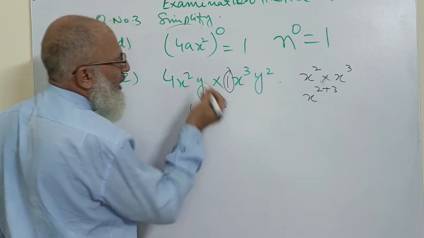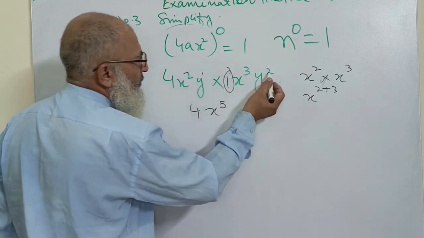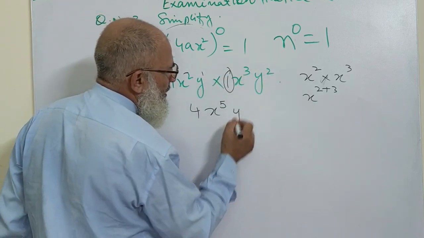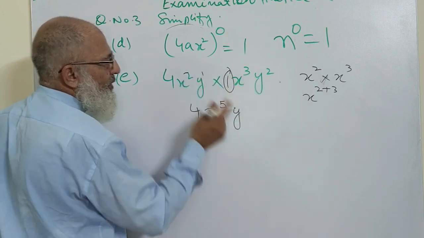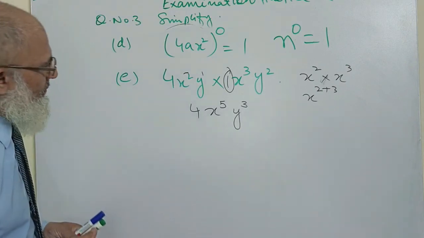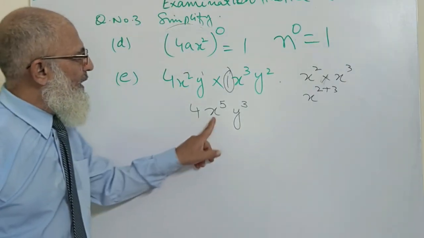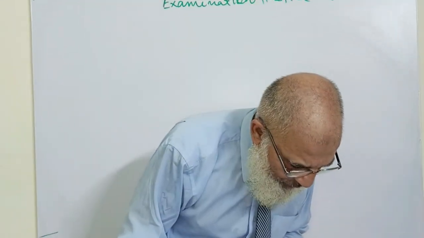And now again here the index is 1, and it will multiply with this; as the bases are same, the indices will be added together, it will be 3. So 4x5 y cube.